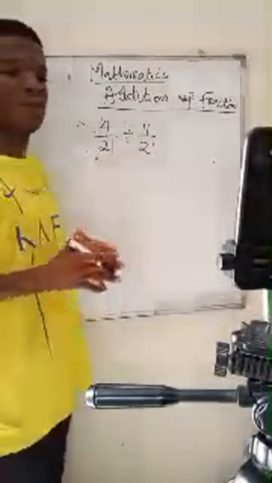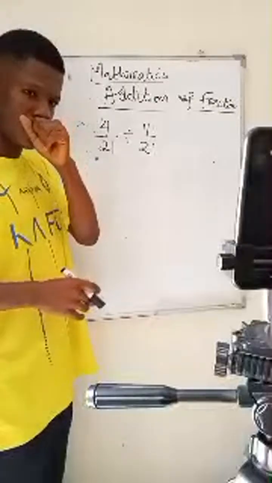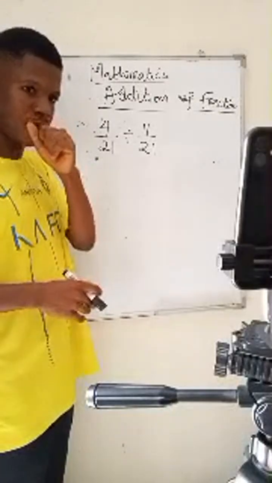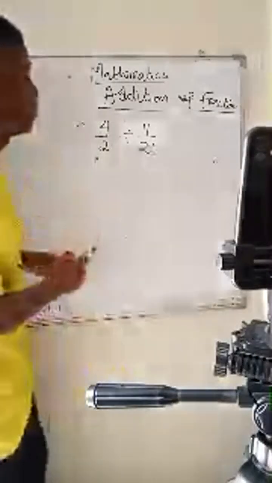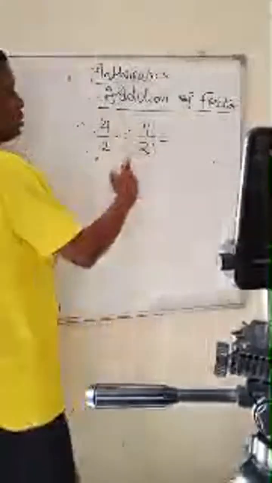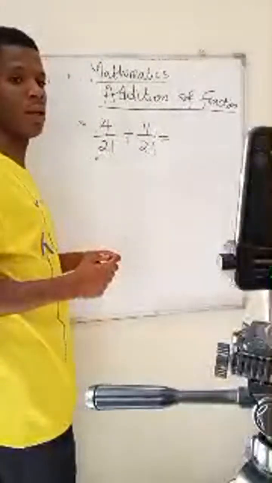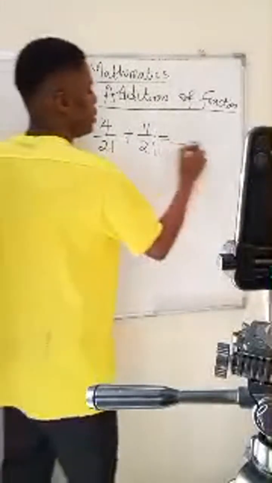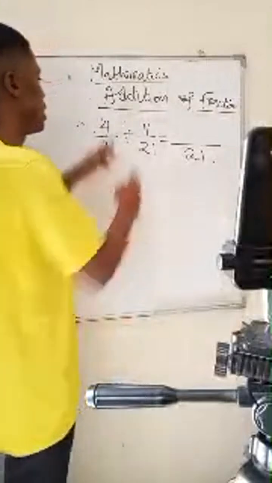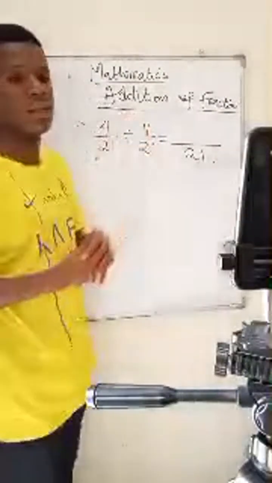If you look at this, can you hear me? Okay, good. You see that the denominators are the same, 21 and 21, right? Okay. So all you need to do is keep the denominator the same. You have your 21. Then for you to add them, you just have to add the numbers at the top.